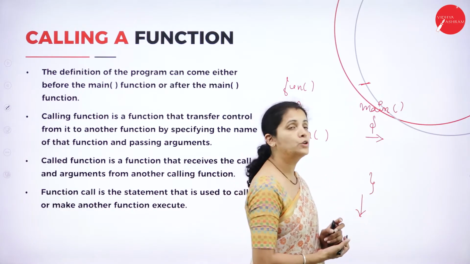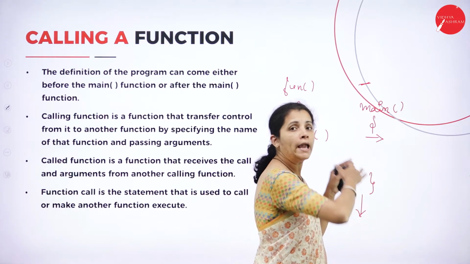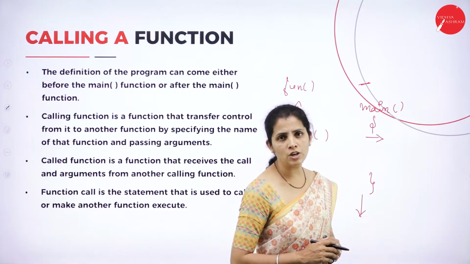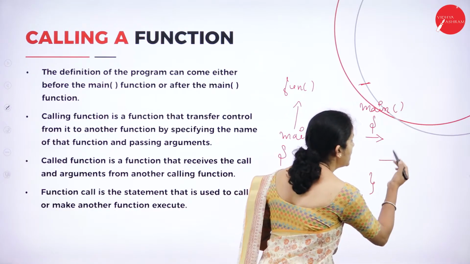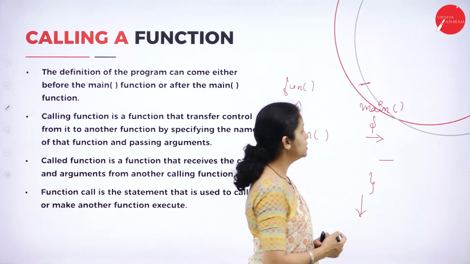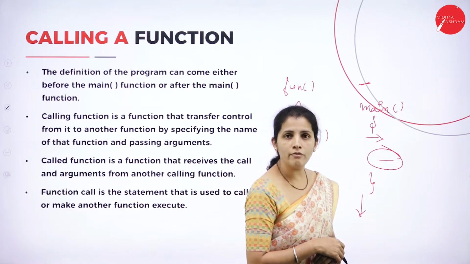And where am I going to call the function? In my main program or anywhere in the program, I can call the function. And how am I going to call the function? By specifying the function name along with the parameters. So it is called a function call or calling a function.